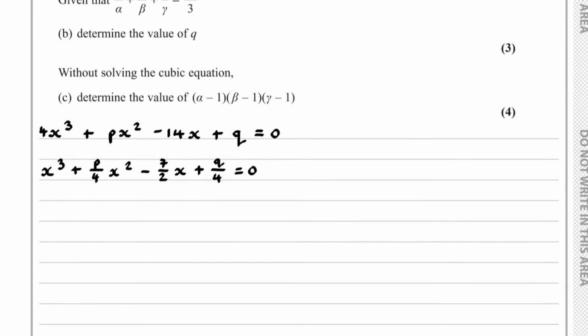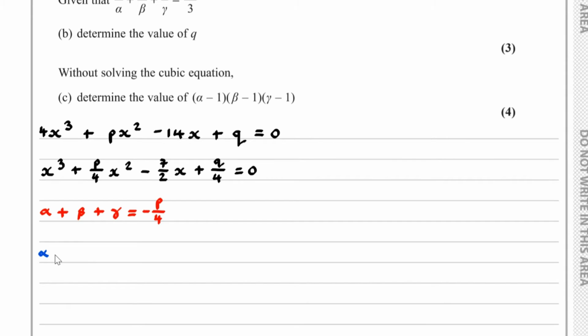And from this, we can see then that alpha plus beta plus gamma is equal to minus p over 4.